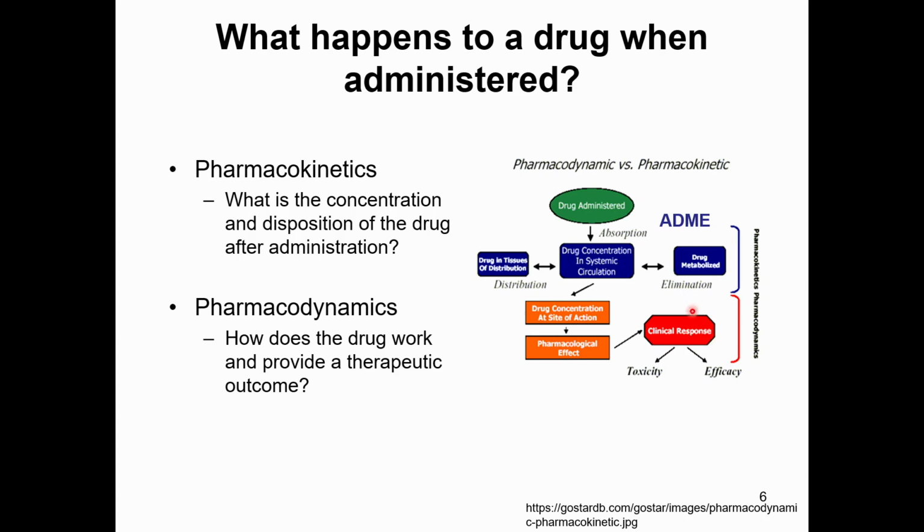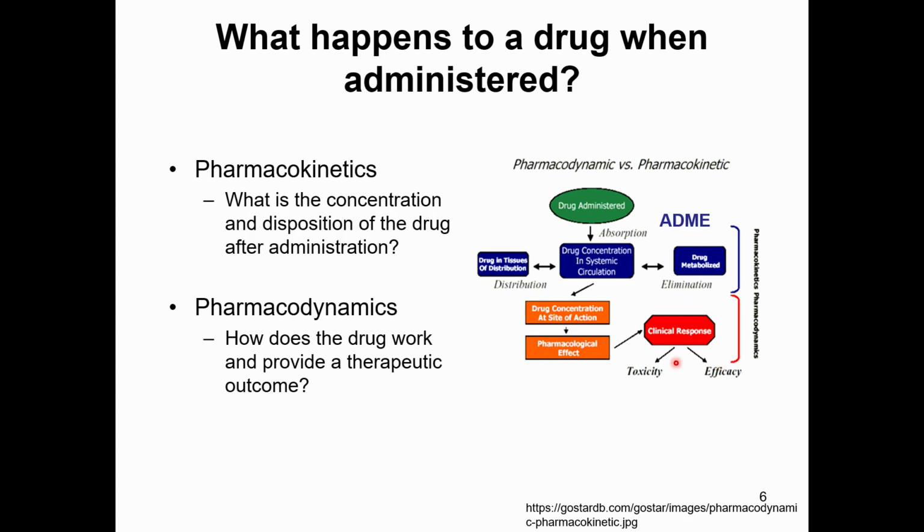And of course, we're interested in these two terms, efficacy and toxicity. Efficacy means how well does the drug work to do its intended job. We'll spend another lecture entirely on that topic later on in a couple of weeks. How it works and how well it works are both in the realm of pharmacodynamics.